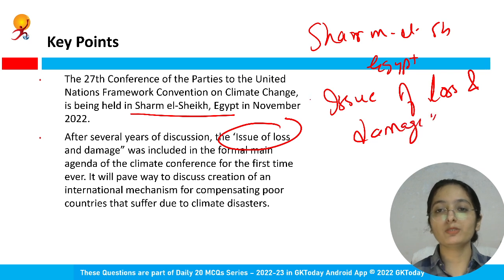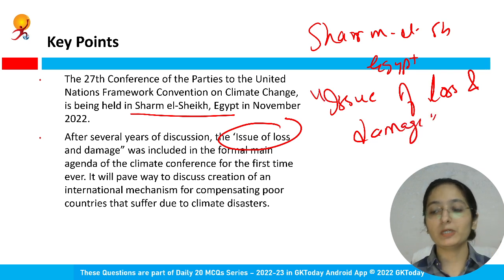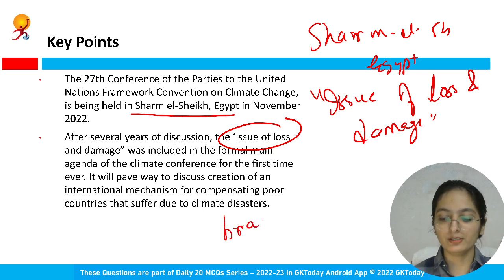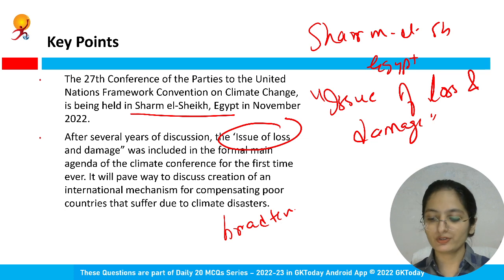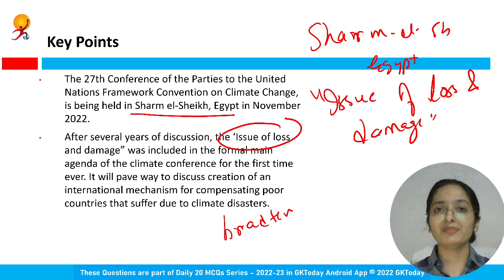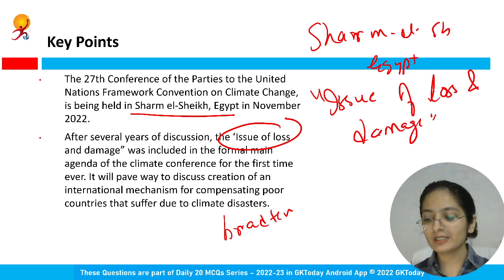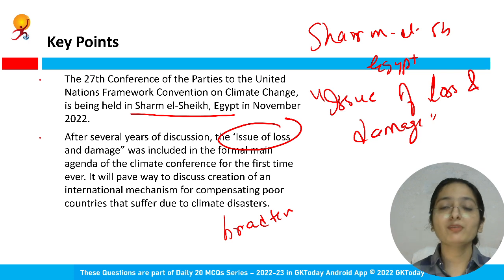Now why is this term important, why am I stressing on this particular term? The issue of loss and damage is not a term that is defined very precisely, but it is a very broad term that has been used in the UN climate negotiations. We all know the impact of climate change, but the term loss and damage means the impact of climate change has exceeded what people can adapt to.